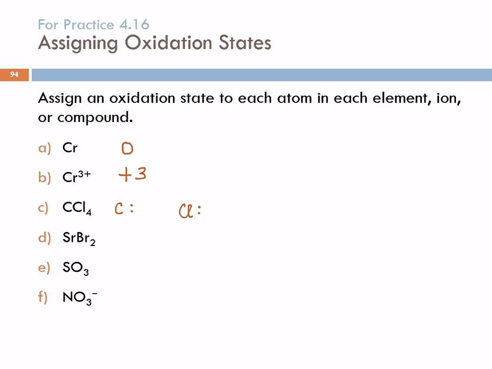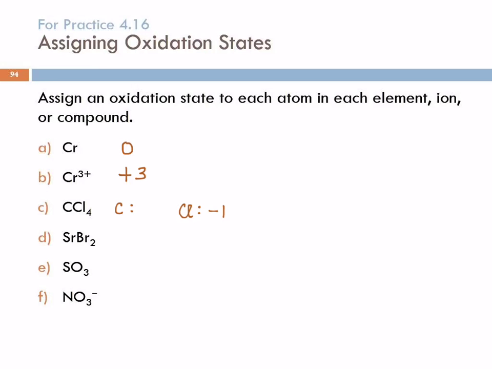Pho 765. So we don't have fluorine, we don't have hydrogen, we don't have oxygen. The next in the priority list is chlorine because it's in group 7. The group 7 elements get to have an oxidation state that is equal to their ionic charge when they are ions. So the chlorine is going to be -1.